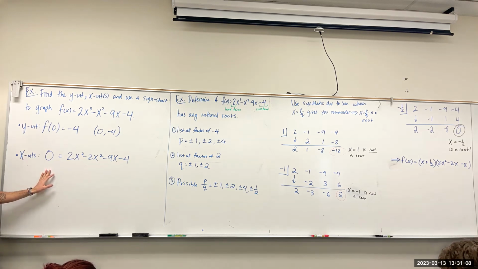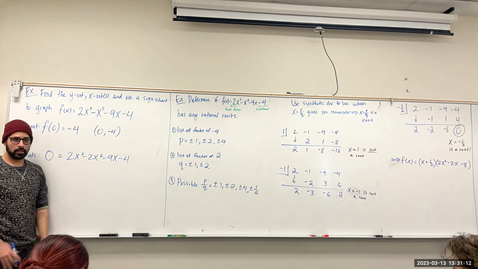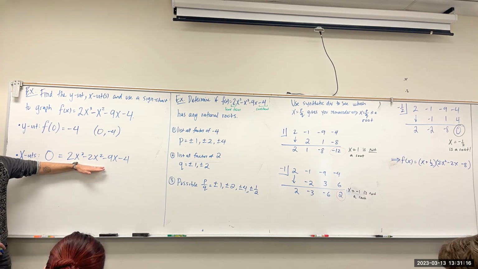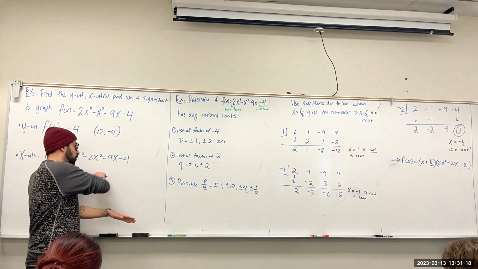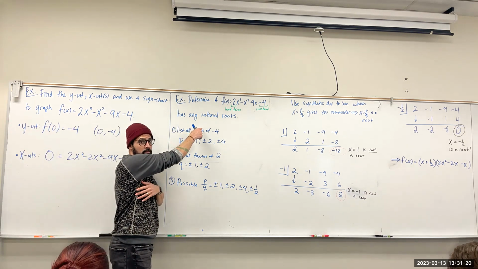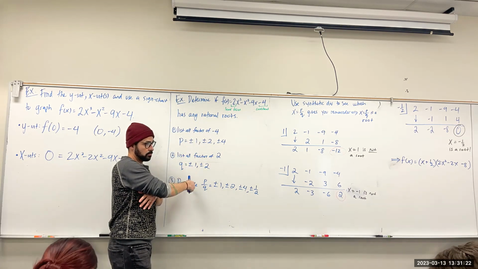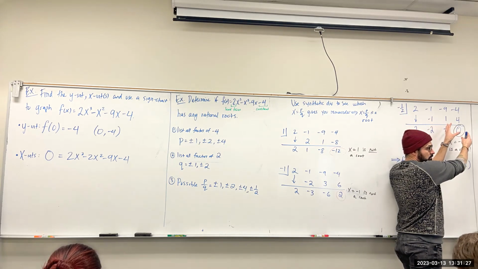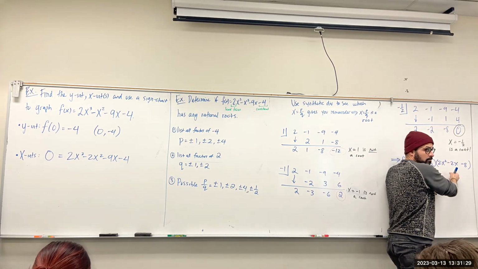Okay. I can't do grouping. I can't do anything to help factor this. So what you would have to do is go here and start finding a root. You find a root, and now you know how to factor it.